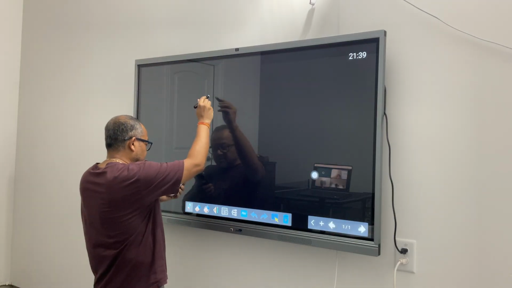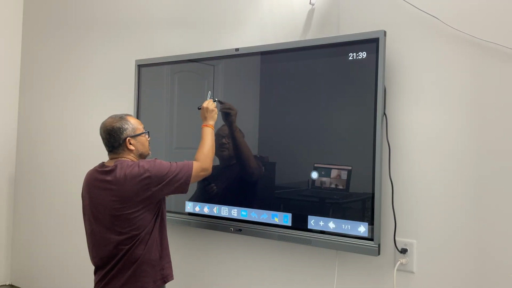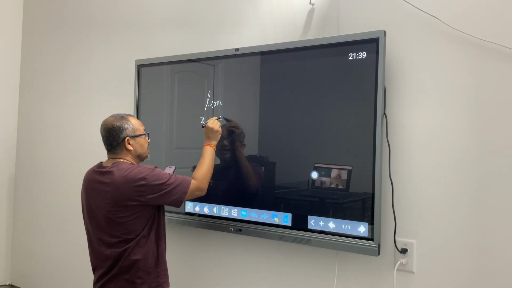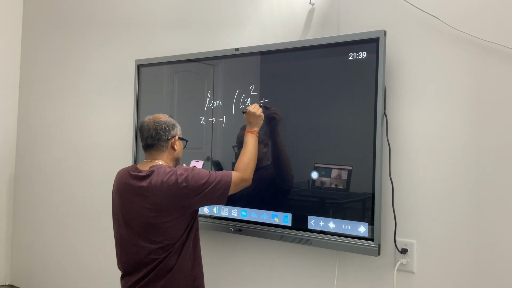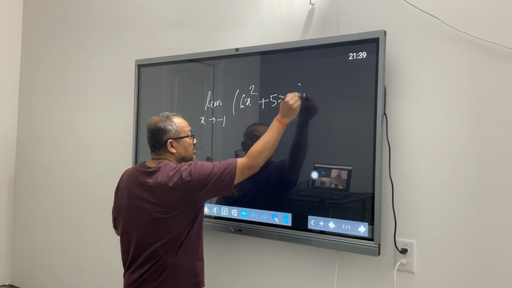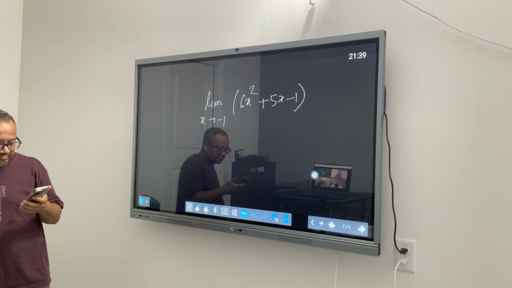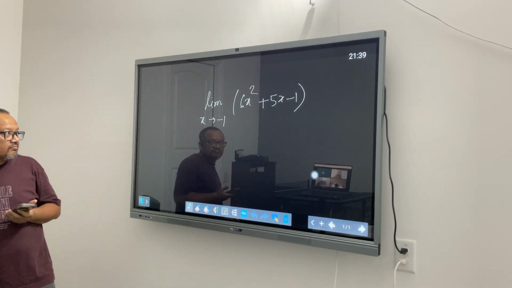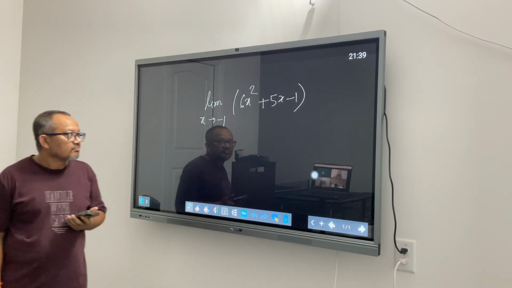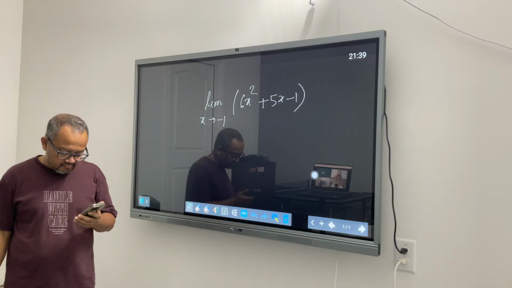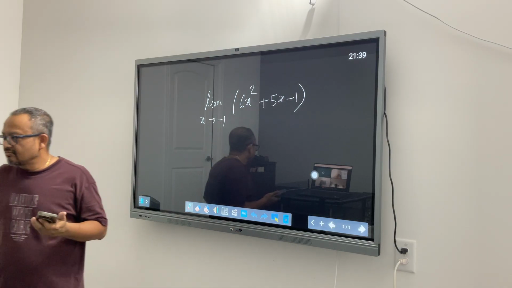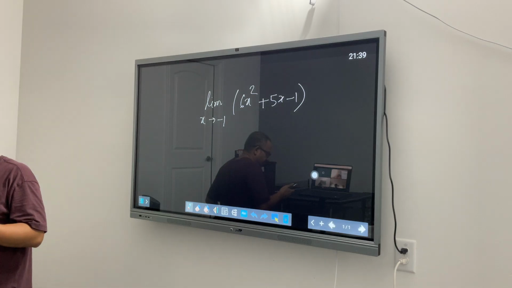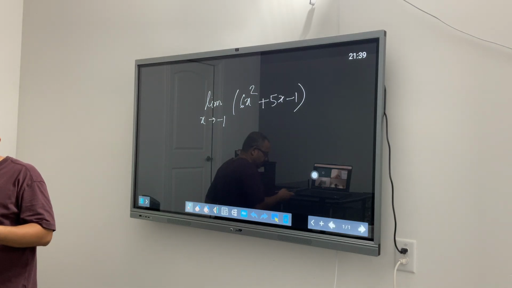The next problem is find the limit of x approaching minus 1, 6x squared plus 5x minus 1. What are you guys getting?